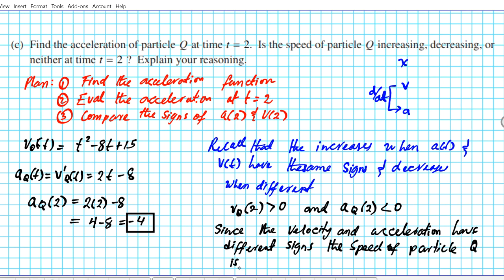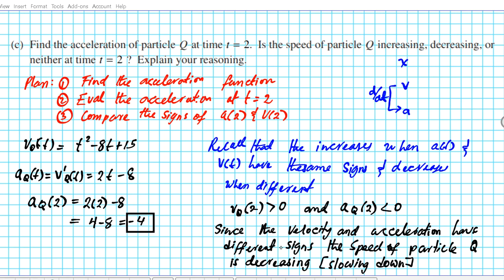Or another way that is normally phrased in the AP exam is that the particle is doing what? Slowing down. Slowing down. Okay, so that's that for this part.